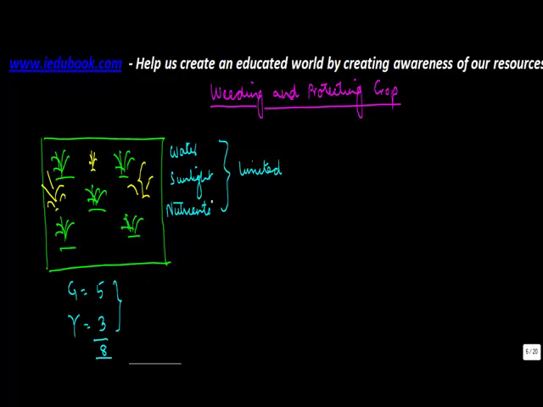So if there was a certain quantity of all these, let's say 100 units, this 100 units will be consumed by 8 items, and what each unit will get is going to be 100 divided by 8 is equal to 12.5 units of all this. Whereas if I remove this weed, then 100 units are used by 5 plants, so each one of them gets 20 units.